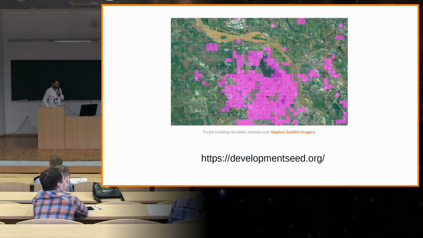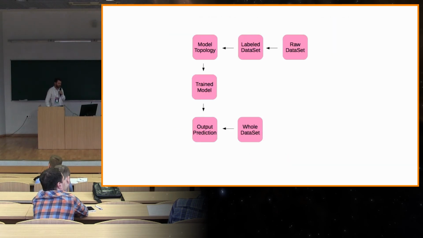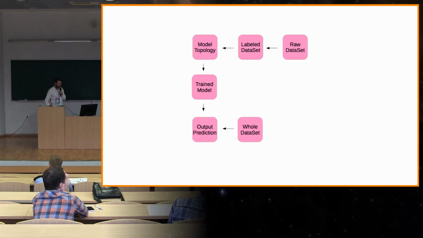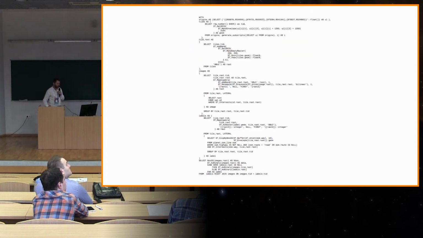There are already some tools able to perform the labeling part. And if we want to go further, with the ability to put exactly what we want in the labeled data set, we can do that with PostGIS.